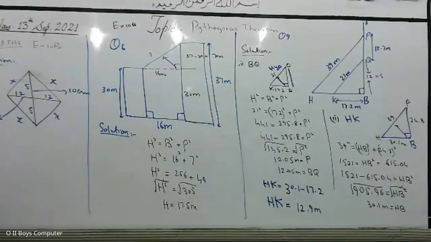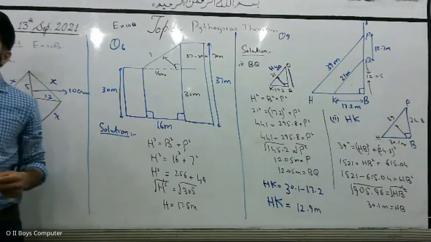Again, I'm going to repeat. If this diagonal is 10 centimeters, when we draw two diagonals, because of this point of intersection, this diagonal will be divided into two equal parts, 5, 5. This is 24 centimeters. It will be in two equal parts, 12, 12.